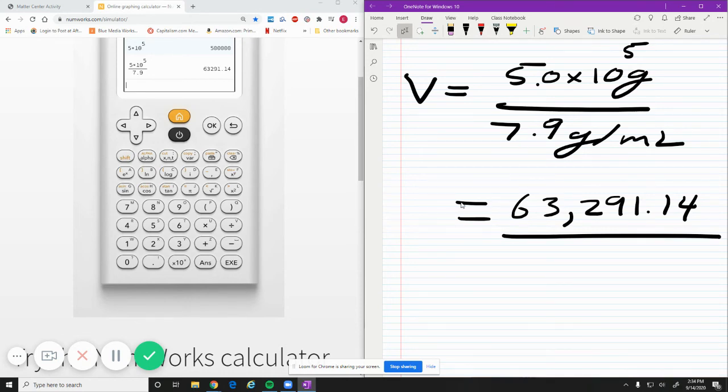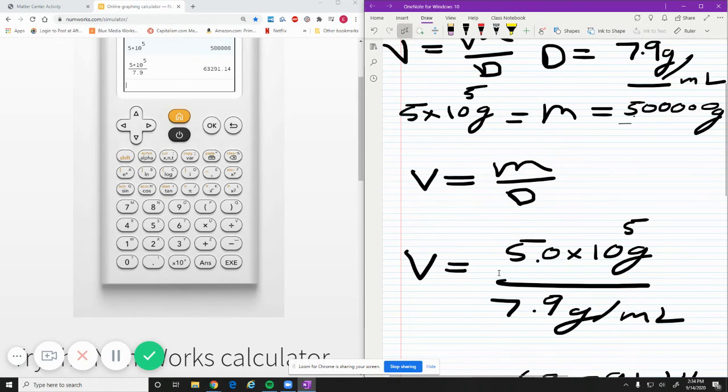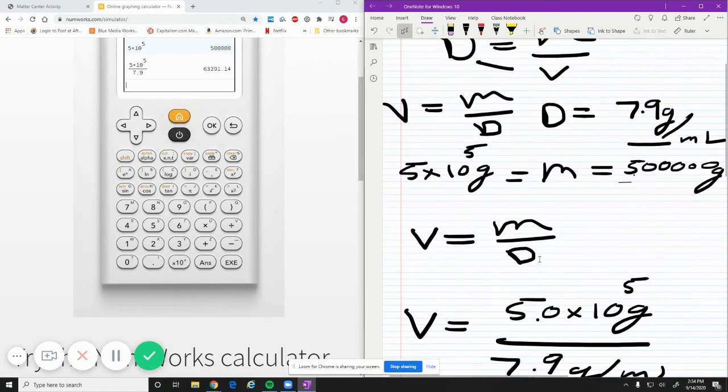Check for sig figs, okay? Remember that the limiting factor with this is which one is the one with the shortest number of sig figs, okay? In this case, it's 2. If I would have written it like this, which you guys would not have written it this way, I just like it because it's easier to look at.